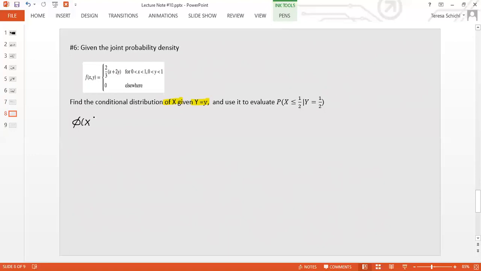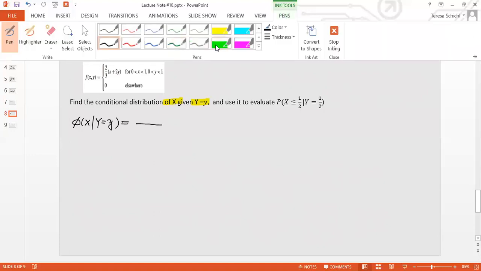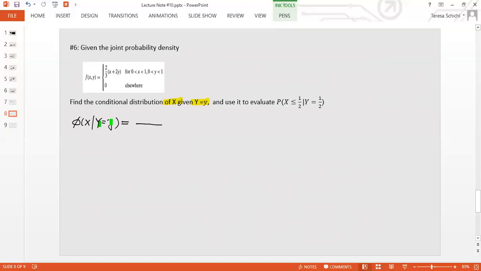So this is x given y equals some value, little y, right? Where are you going to put it on the bottom? Remember, this is the condition. So I need the marginal distribution of y, and then on top I need f of x, y.